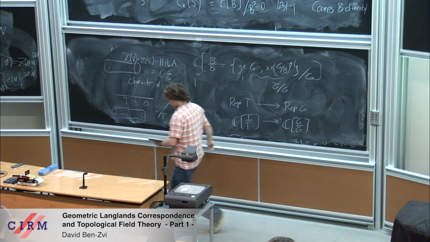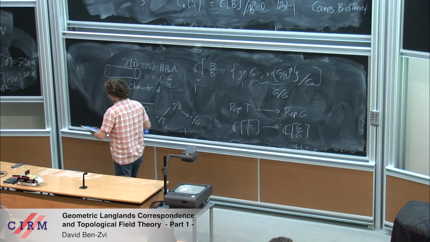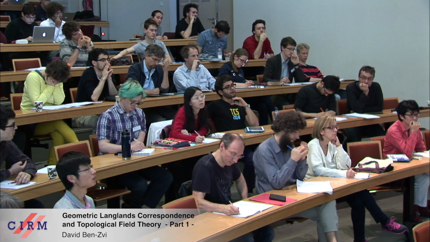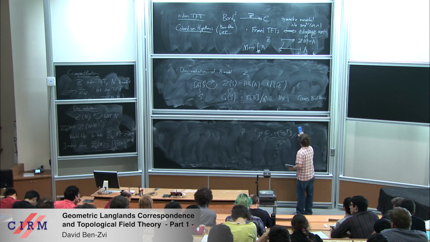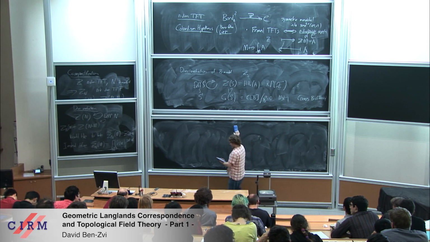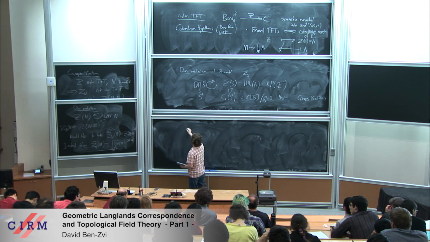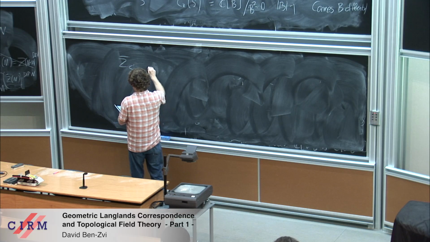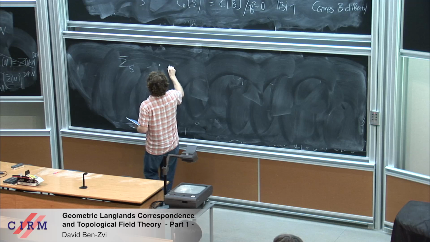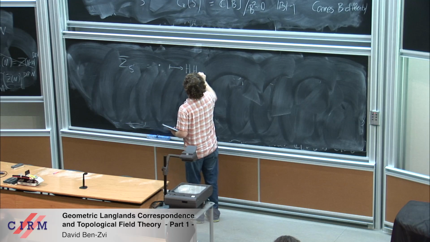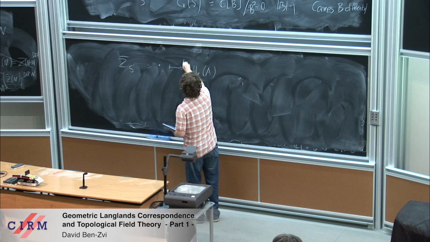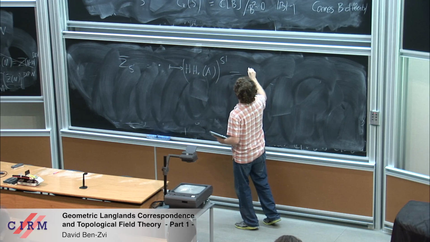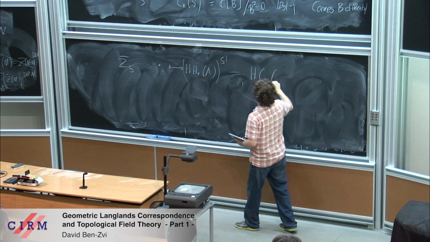So what does that mean for us? How does that have to do with the dimensional reduction? So the dimensionally reduced theory means I need to take the Hochschild chains on my associative algebra, and I need to take the Diff S1, which is just S1 invariance, which is the definition of the negative cyclic homology of the associative algebra.